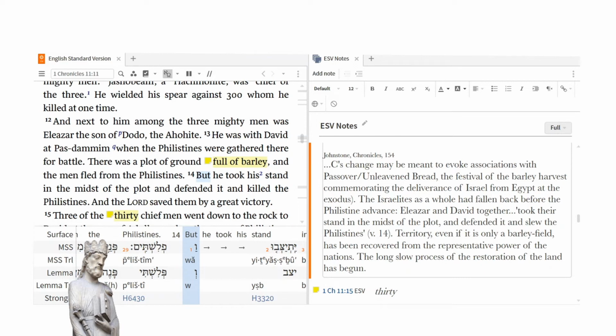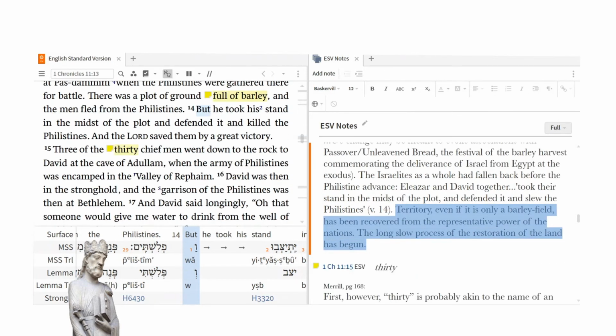And so he thinks it has to do with Passover, unleavened bread, the festival of the barley harvest, commemorating the deliverance of Israel from Egypt at the Exodus. And he continues to note that territory, even if it is only a barley field, has been recovered from the representative power of the nations, that is the Philistines. The long, slow process of the restoration of the land has begun.